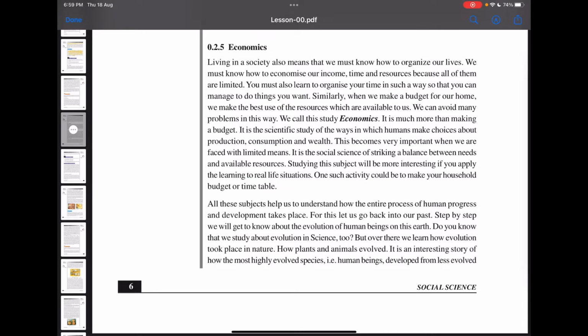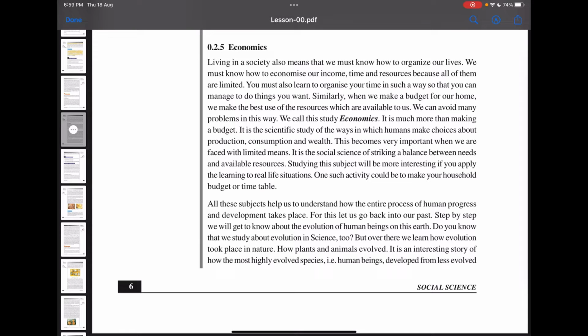Studying this subject will be more interesting if you apply the learning to real life situations. One such activity could be to make your household budget or timetable. All these subjects help us to understand how the entire process of human progress and development takes place.